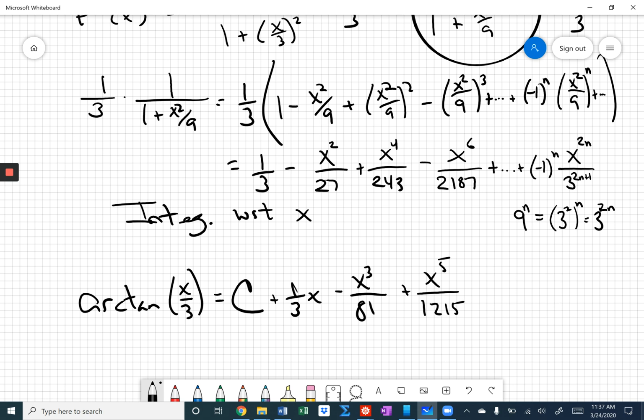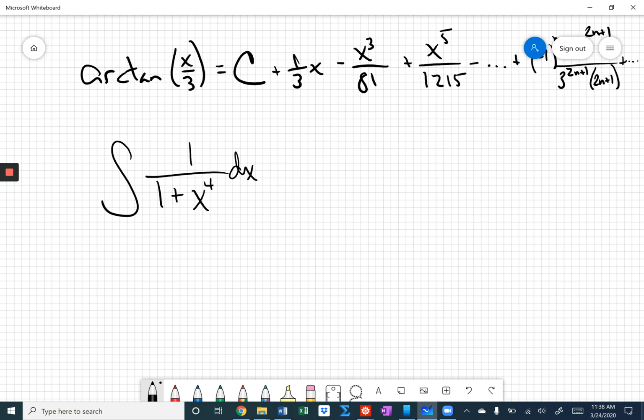And then do the next one on your own. Minus dot dot dot plus negative 1 to the n, x to the 2n plus 1, over 3 to the 2n plus 1 times 2n plus 1 plus dot dot dot. And there we go.